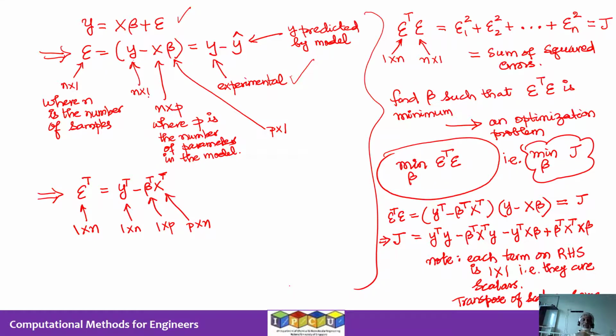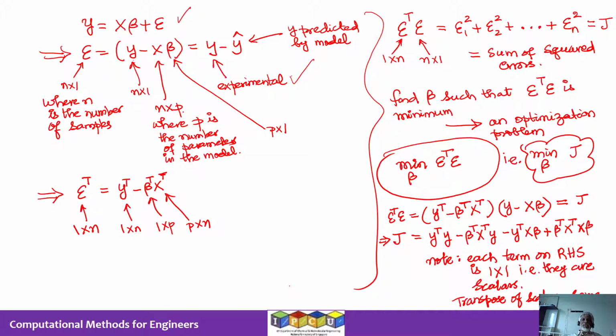Now this X matrix is n by p. It has n rows and p columns, where p is the number of parameters in the model. In our example, we have 7 sample points or data points, and the number of parameters is 2. The parameters are a0 and a1.